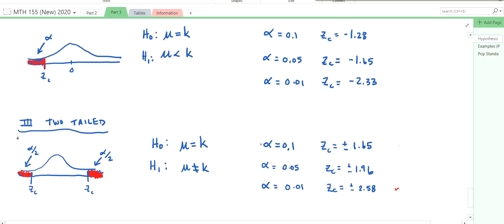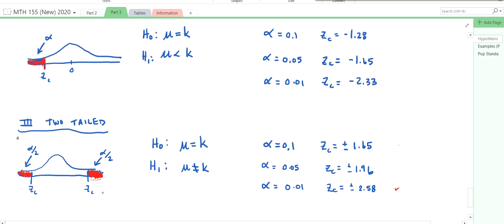So when you're dealing with an alpha of 0.01, then your Z critical is going to be slightly different. And for example, at alpha of 0.1, your Z critical will be 1.65, because the area, if you look up here, when this area is 0.05, that's what this area will be when alpha is 0.1. So your Z critical will match the situation of 0.05 up here of 1.65.